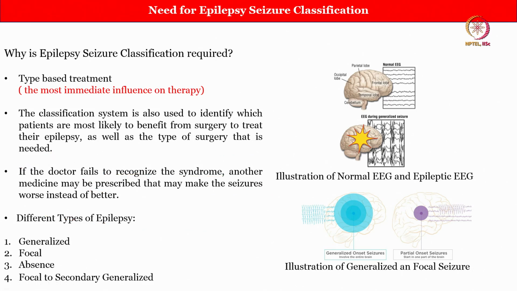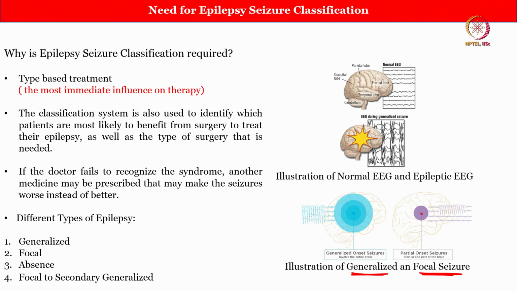So, if you want to classify epilepsy, you should know what kinds of epilepsies there are, right. The first one is generalized epilepsy, then there is focal epilepsy, there is absence, and there is focal to secondary generalized epilepsy. So, this is just an example of generalized and focal seizure.